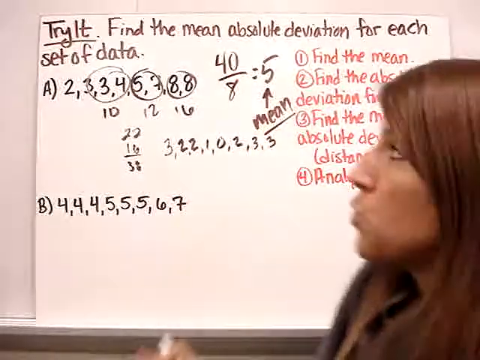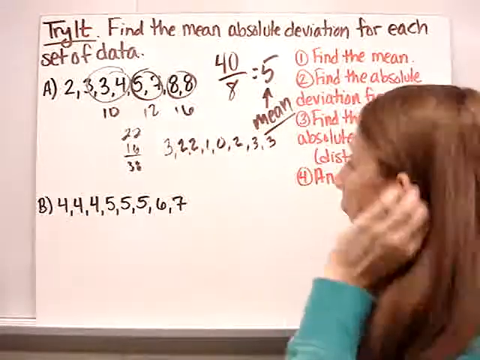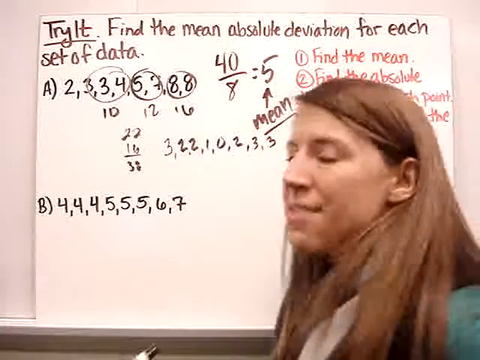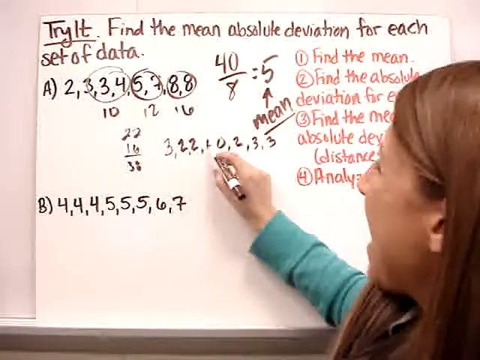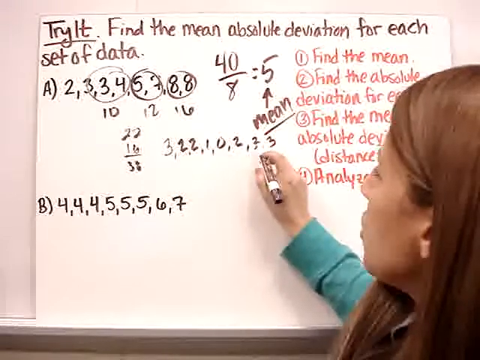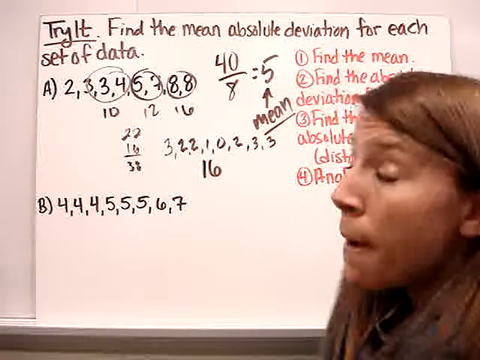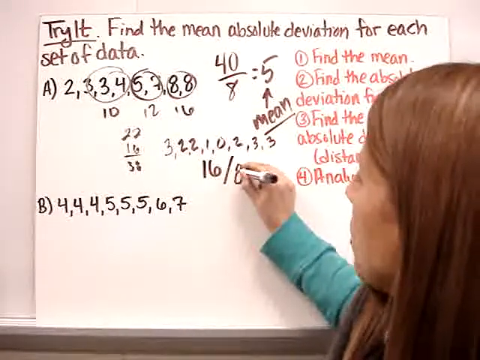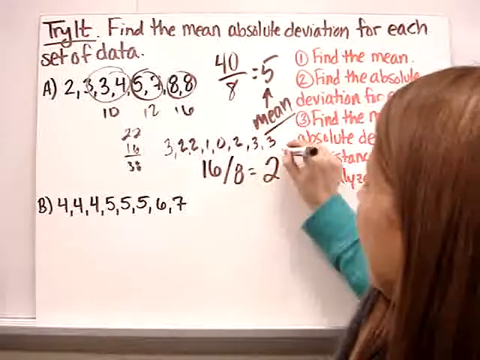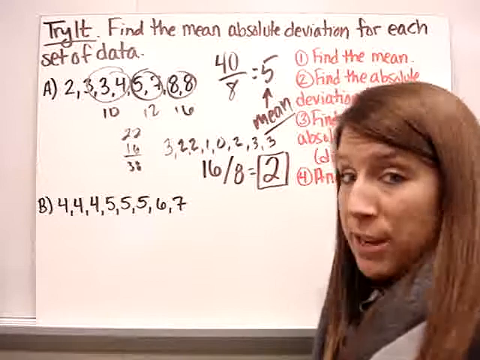These are my absolute deviations, my distances from the mean. Now I need to find the mean of these, and that will be my MAD. So 3, 4, 5, 6, 7, 8, 9, 10, 11, 12, 13, 14, 15, 16. 16 is the sum of the absolute deviations, and I divide by how many there are, which is 8, and my MAD is 2. My work isn't very beautiful, but you get the picture.